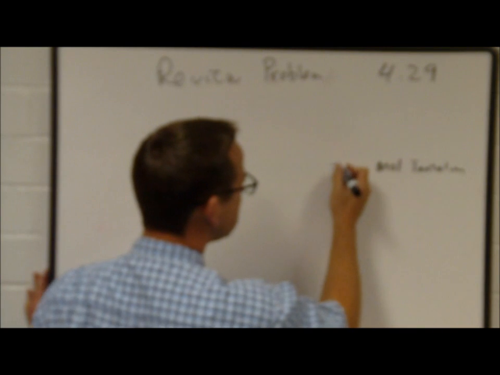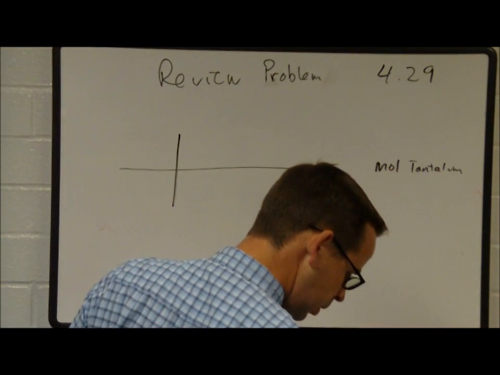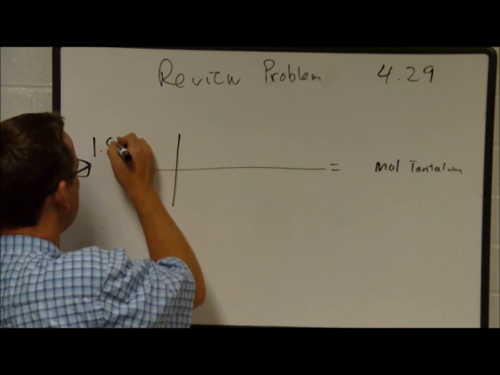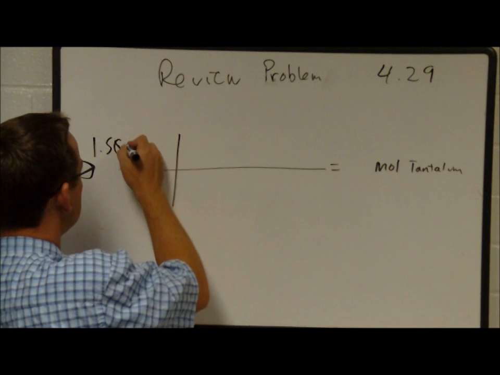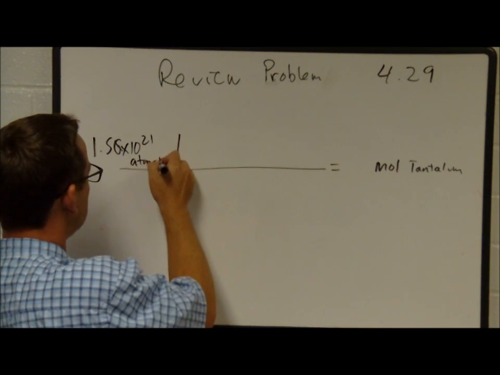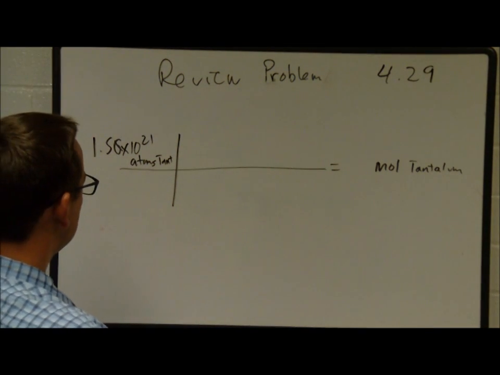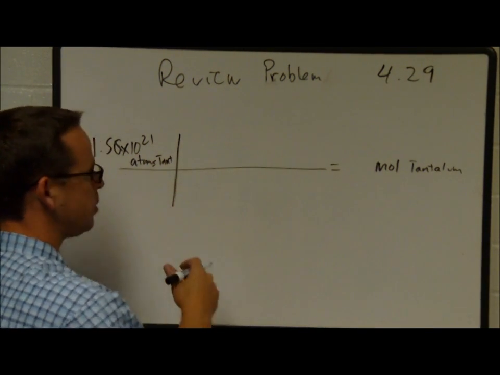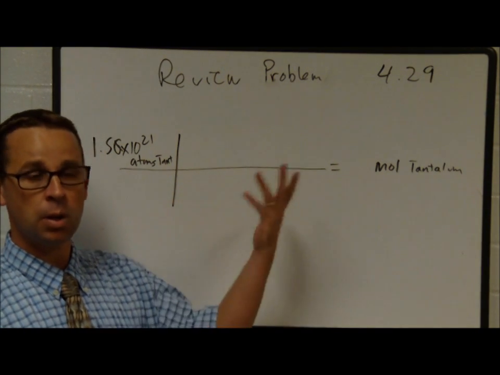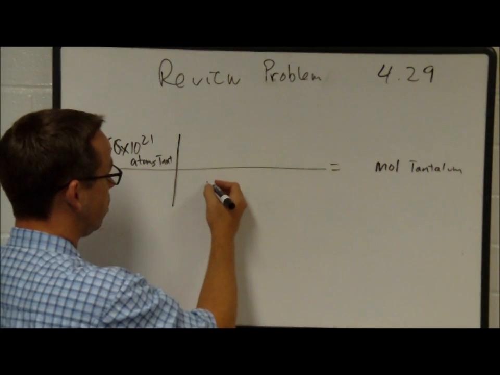We want moles of tantalum, and we're going to start with atoms of tantalum. 1.56 times 10 to the 21 atoms. How many moles of atoms is that? Because if we know how many moles of atoms that is, then we know how many moles of the material we have.